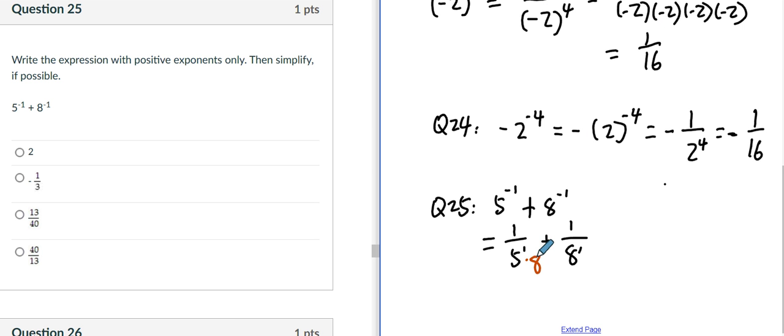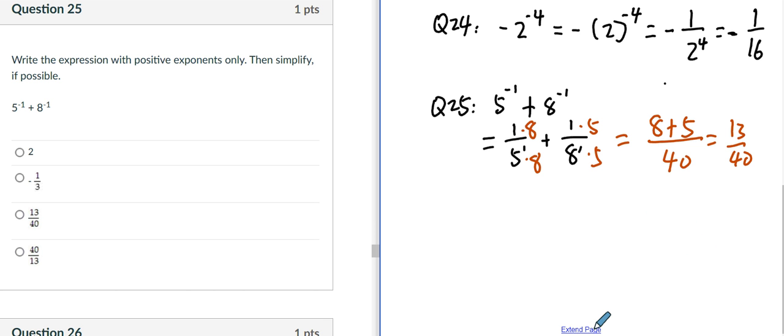Here needs 8, and here needs 5 to make the denominators the same. Denominators are all 40, so 1 times 8 gives you 8, 1 times 5 gives you 5. So it's 13 over 40. Okay, so where is that? Right here.